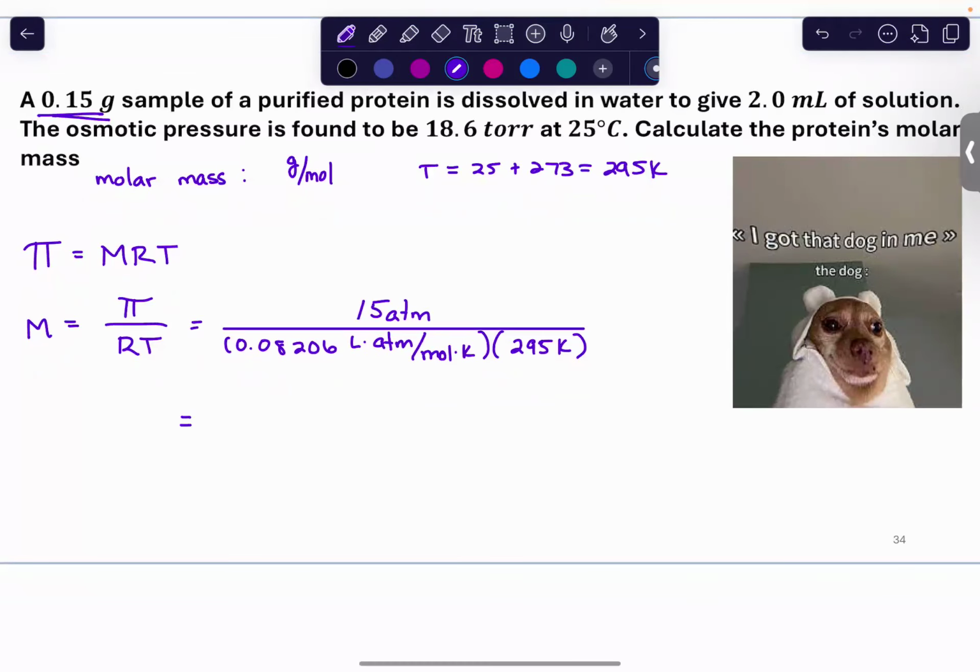Your molarity comes out to be 0.62. Yeah, it is 298. Whoops.